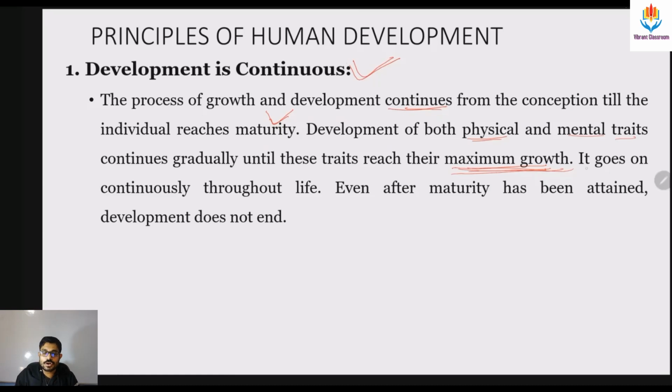It goes on continuously throughout life. Even after maturity has been attained, development does not end. Growth ends at maturity, but development does not. After maturity, we also learn a lot of things, and there are different types of development within individuals. Clear to all? Due to that, we consider development a continuous process.